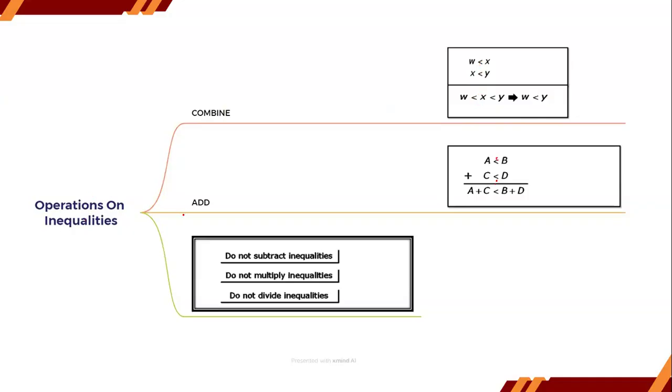The other operation which can be performed on two or more inequalities is addition. You can add two or more inequalities together. Let's take an example. If A is less than B, C is less than D, and we add these two inequalities, we get A plus C is less than B plus D. One very important thing while adding two or more inequalities: before adding, ensure that the signs of the inequalities are in the same direction.